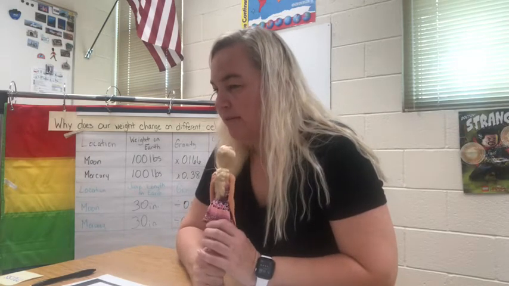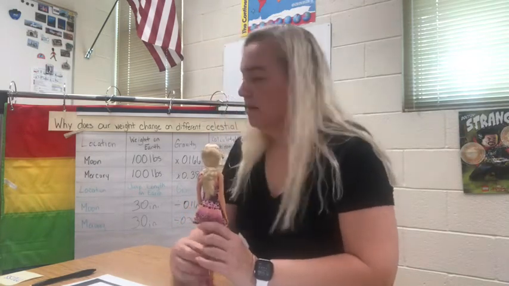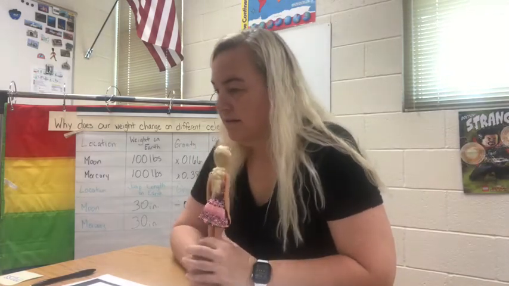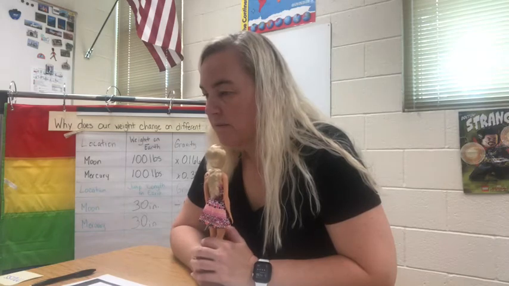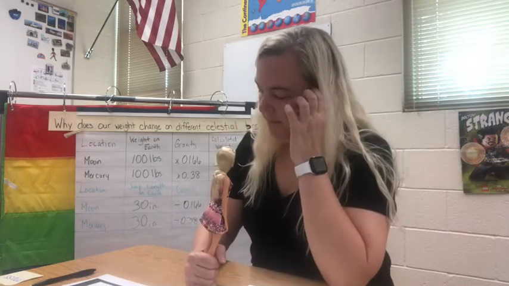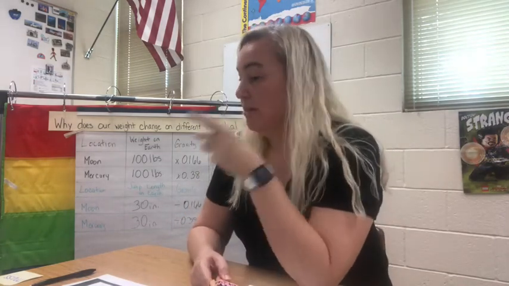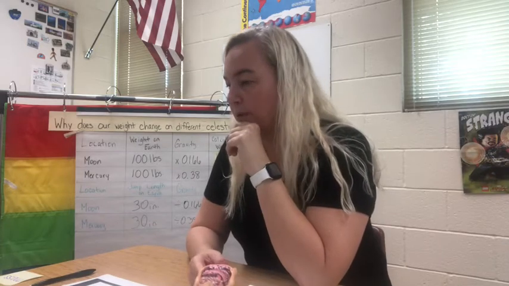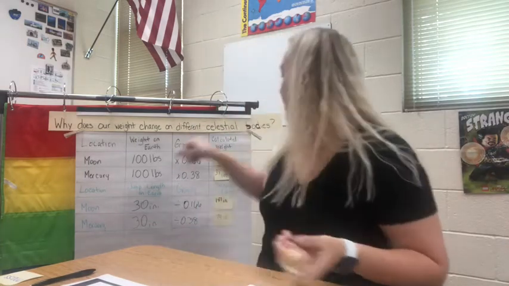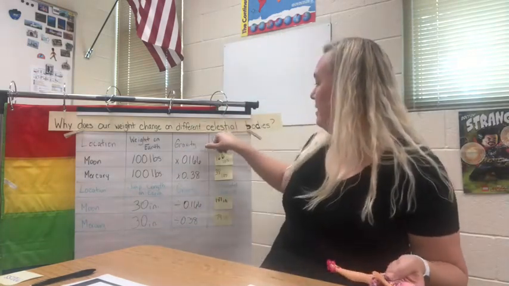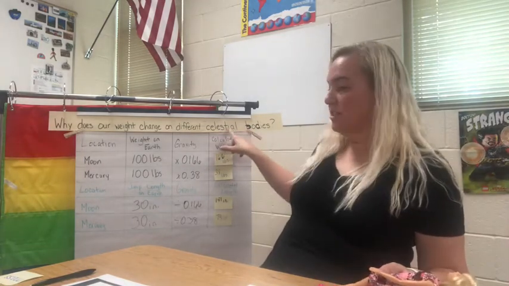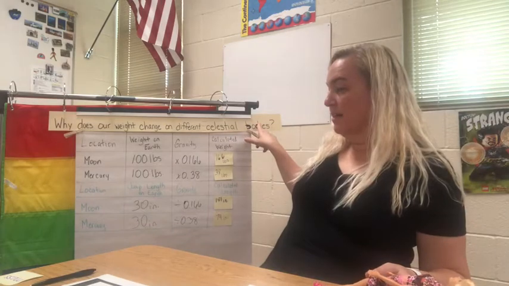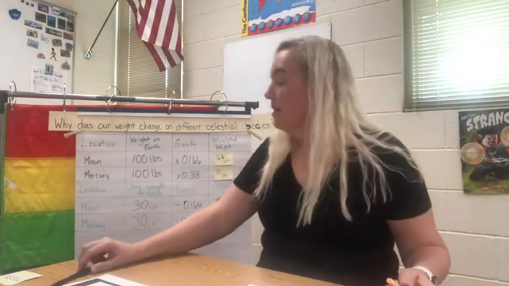What do you think that would tell me? The bigger the planet, the shorter your jump will be. Yeah. Or the bigger the what? Bigger the mass. Well, the bigger the, two words, celestial body. Yes, celestial body.